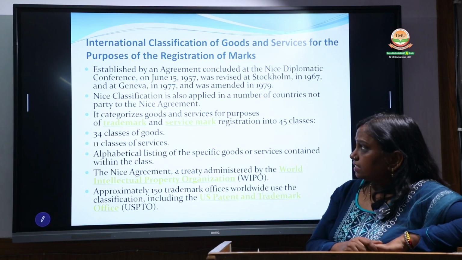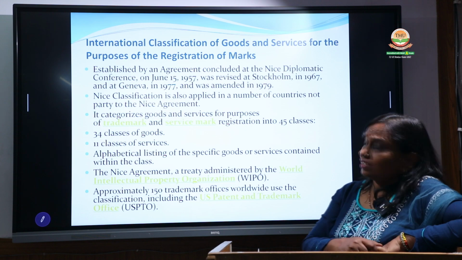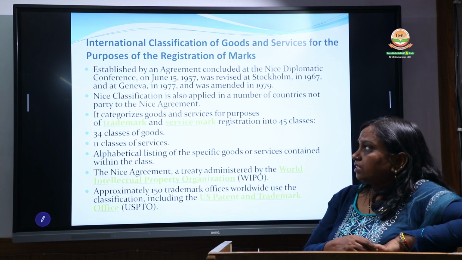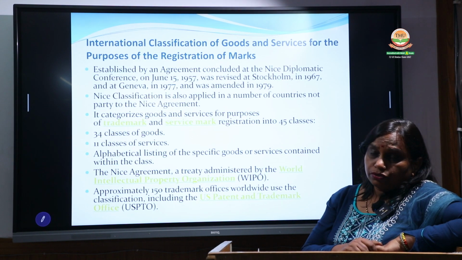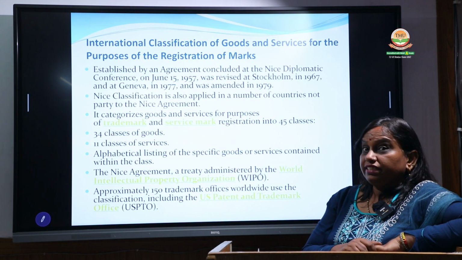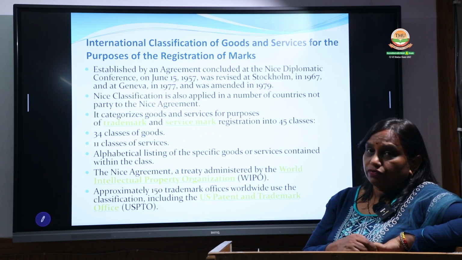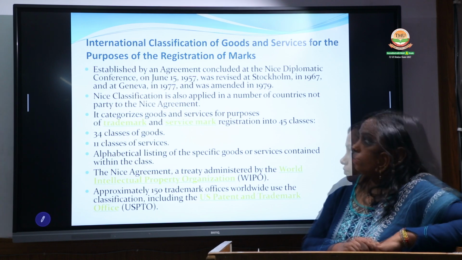So what is the Nice classification? Another important thing is that this Nice classification also applies in a number of countries, even those which are not party to the Nice Agreement. Most companies at the international level apply this Nice classification of goods and services for the purposes of registration.